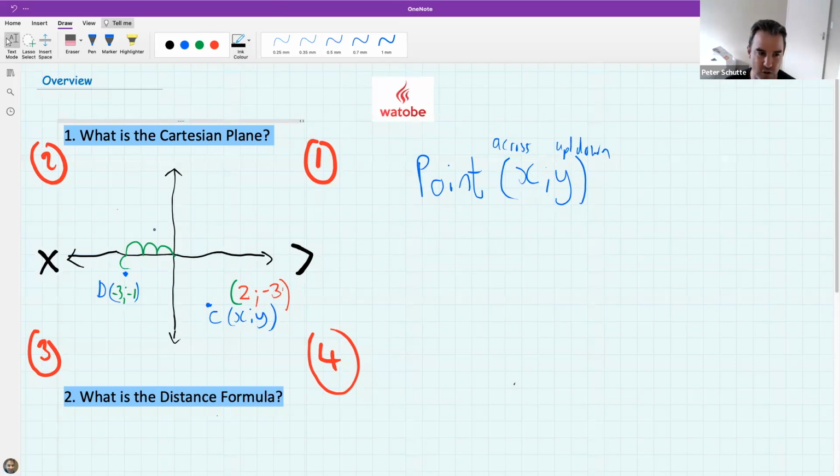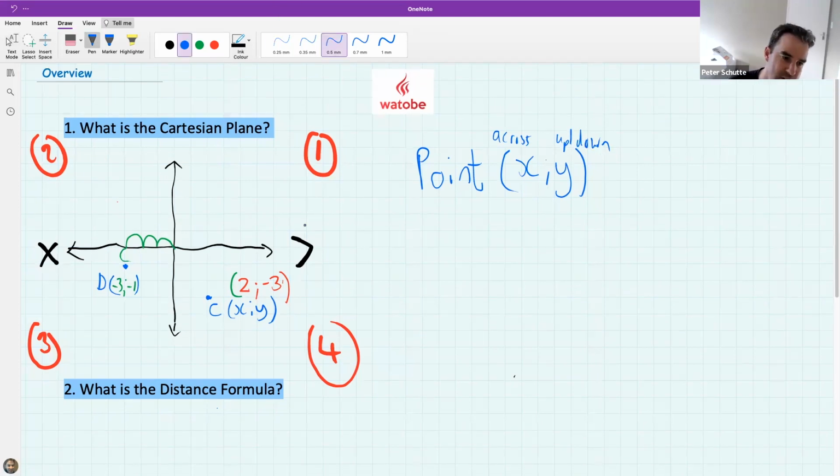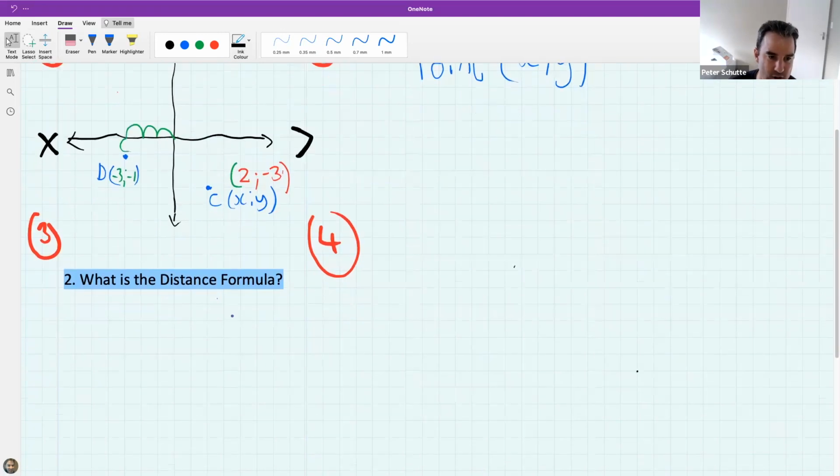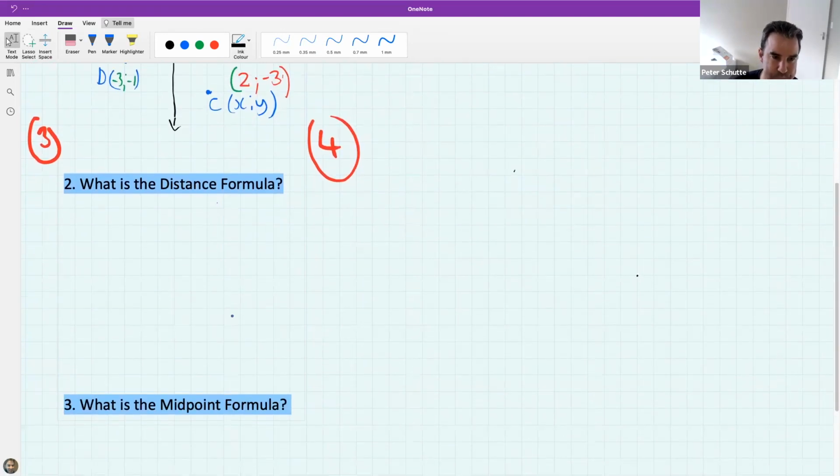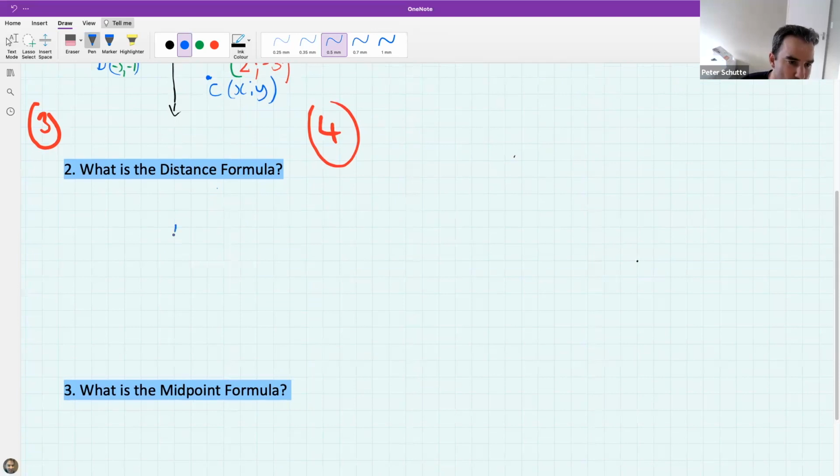Then the second part that we need to talk about today is if we want to find the distance between 2 points. So let's go on to a different thing for this. I'm going to draw another Cartesian plane.